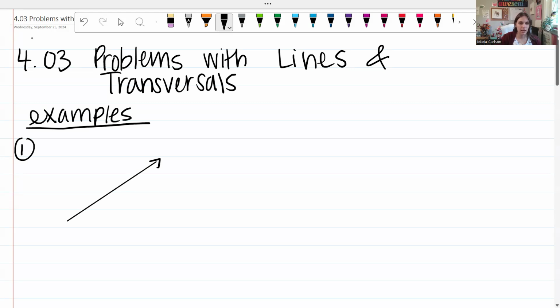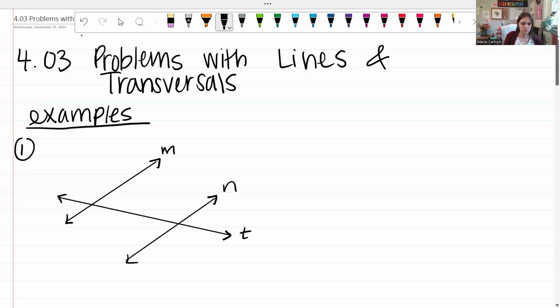And here we're going to have M and N. This is M and this is N. And then we have this transversal T. And M and N are two parallel lines.